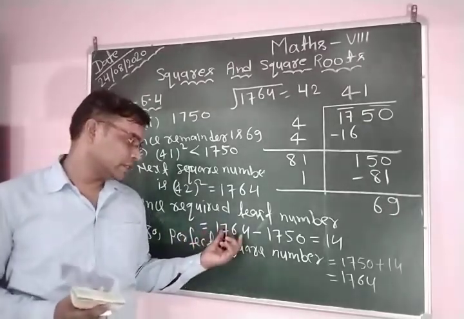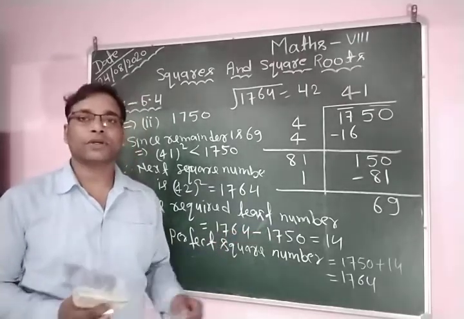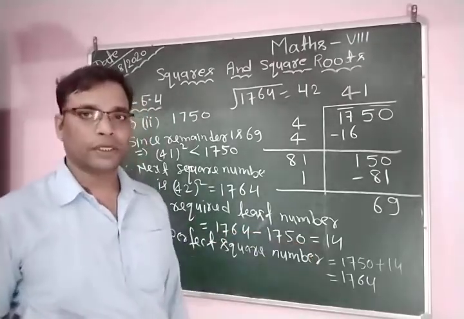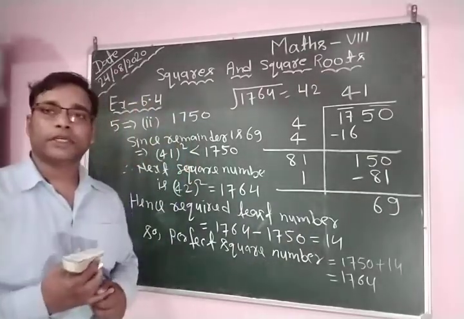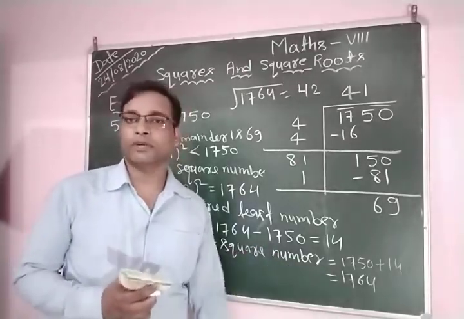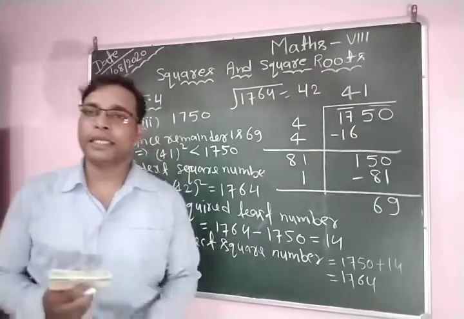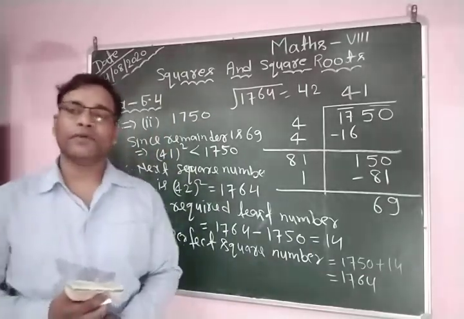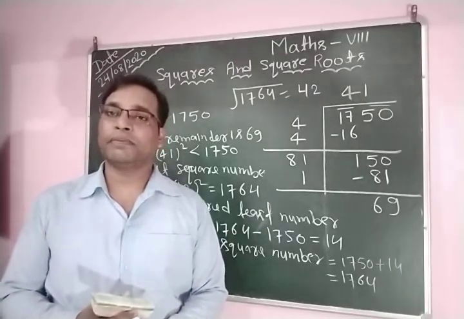So 1764 minus 1750 is equal to 14. Okay, if you add 14 to the given number 1750, then you obtain the perfect square number, that is 1764.